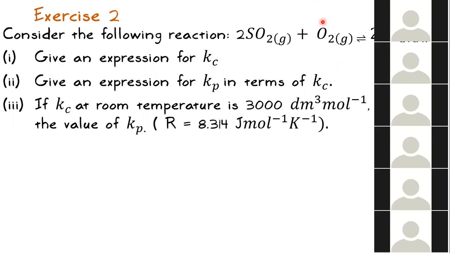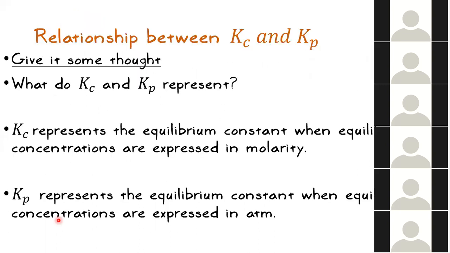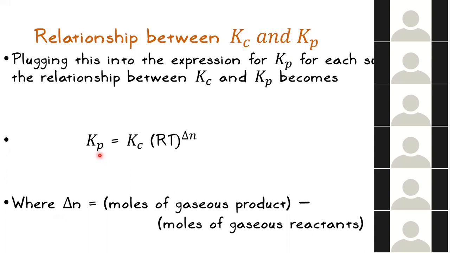Okay, Akosue, right? What did you get? I didn't get it too. But what did you get? Or you were not able to attempt it at all? Okay, so let's go back to the previous slide. You see this relation? This relation is a relationship between Kp and Kc.